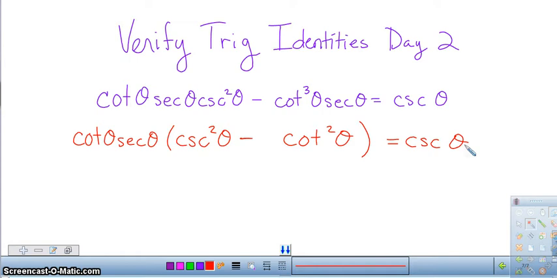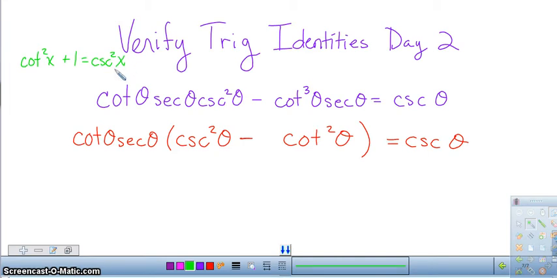All right, so we factored. Second rule, is anything squared? Yeah. This is squared, and this is squared. Now, if you look at your identities, one of your identities says that cotangent squared of x plus 1 equals cosecant squared of x.